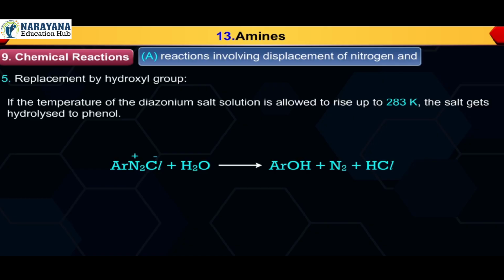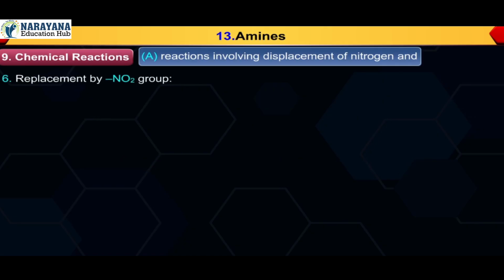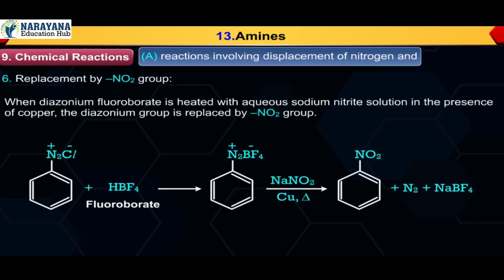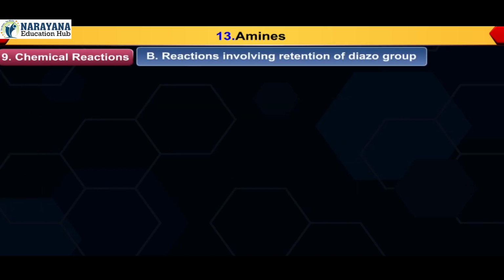The equation is as follows. 6. Replacement by NO2 group. When diazonium fluoroborate is heated with aqueous sodium nitrite solution in the presence of copper, the diazonium group is replaced by NO2 group.